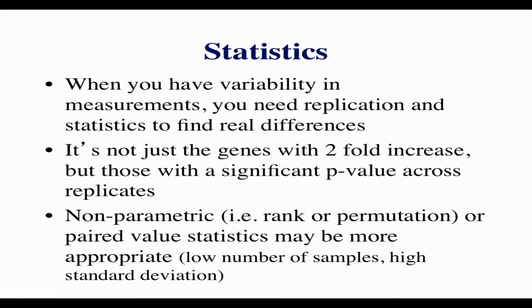OK, so you need replicates in order to use statistical methods. It's not just the genes with twofold increases, which is how people were publishing microarray experiments around 1998. It's like, OK, we saw these 17 genes with twofold change in expression from treatment to control. And we did one sample of each.